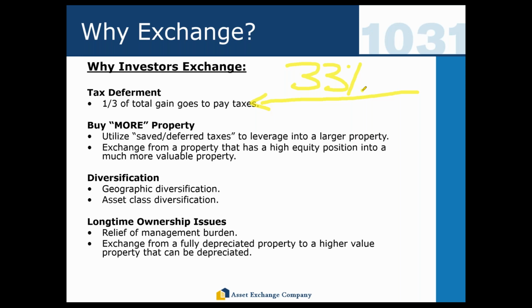Now, of course, people who are looking to build wealth through real estate don't want to pay that. So they're doing exchanges because they don't want to give a big portion of their money to the government. And the 1031 exchange allows them to put that money that would have gone to the government into their pocket and use it to go out and buy bigger and better property.